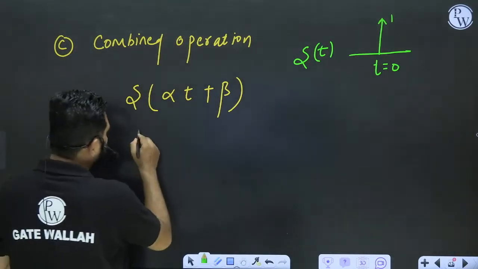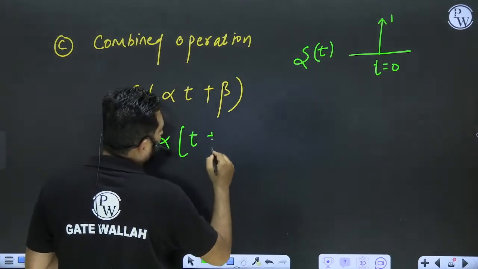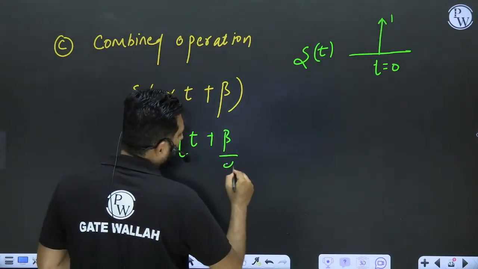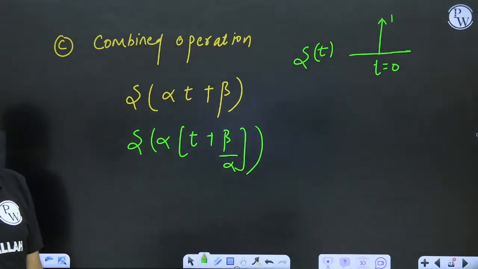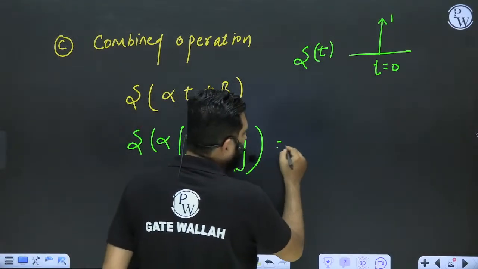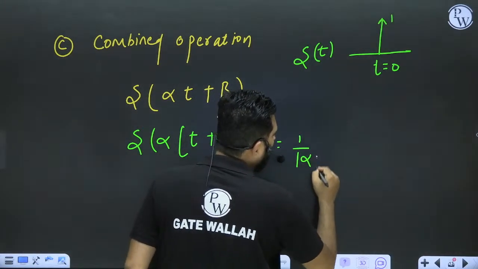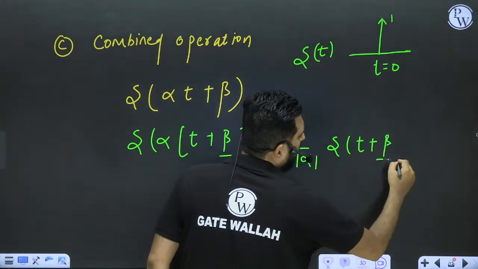Listen carefully. It is delta, taking alpha common, of t plus beta by alpha, like this. Now, delta of alpha t, just now we have covered, is 1 by mod alpha delta of t plus beta by alpha.